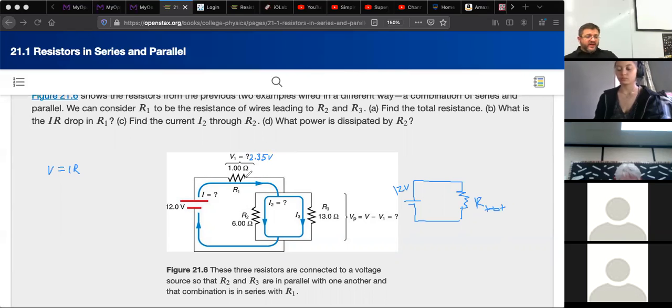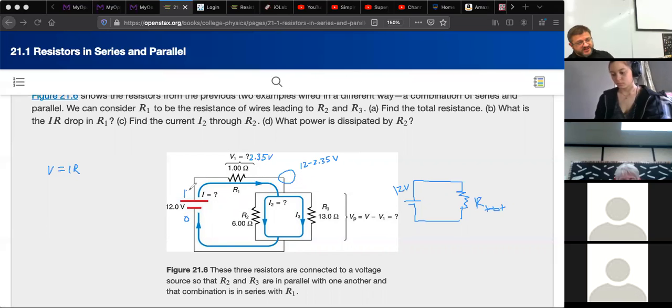Now, if I have 12 volts and I drop by 2.35 volts, then the voltage here is actually 12 minus 2.35. That's because I've lost that much energy. So the voltage from here to here becomes 12 minus 2.35, because the voltage on this side of the battery is 0.